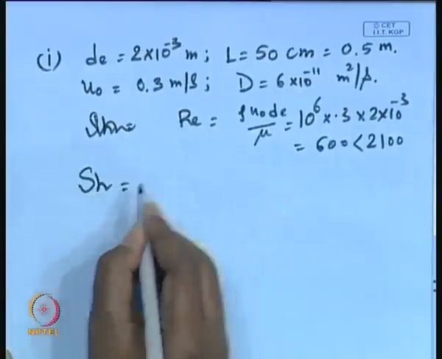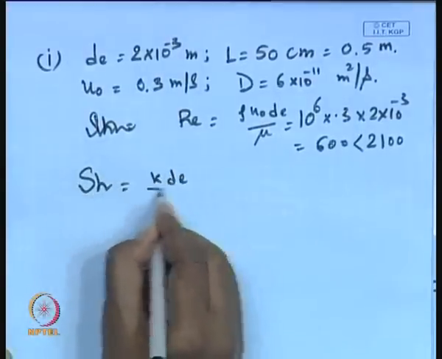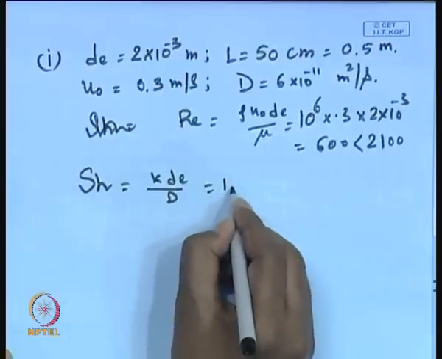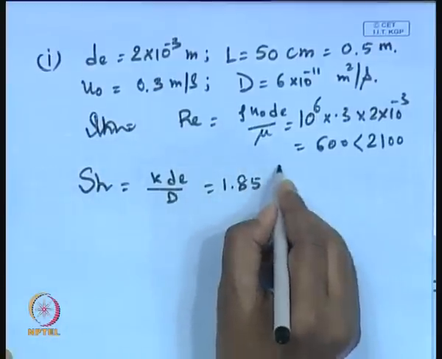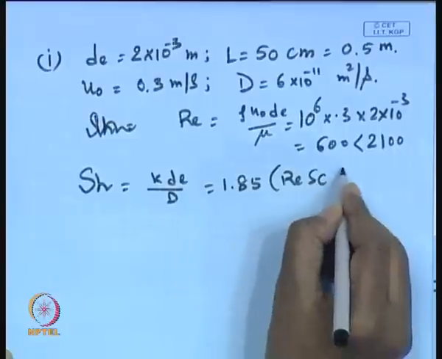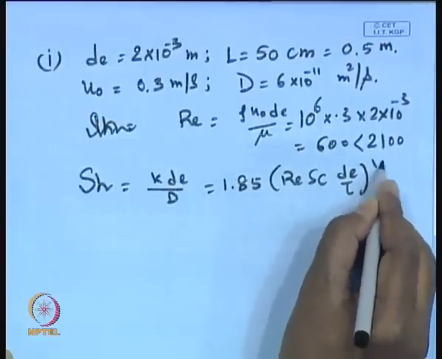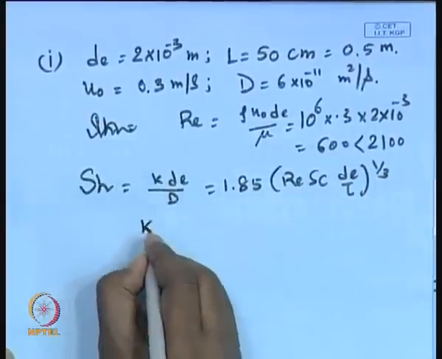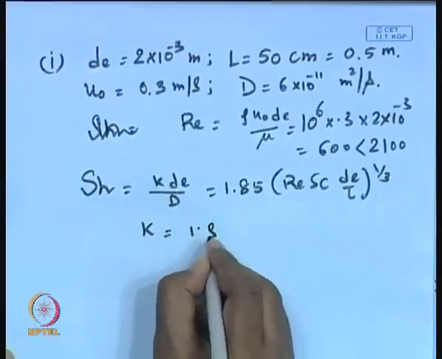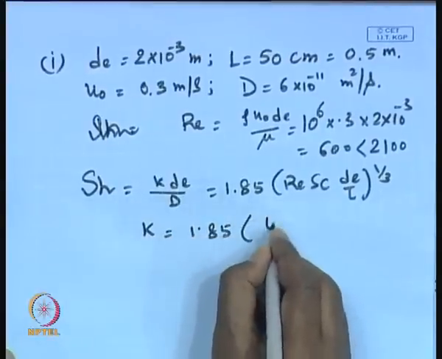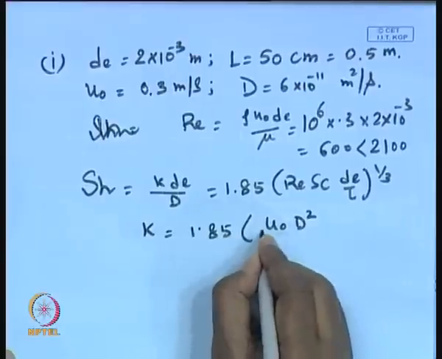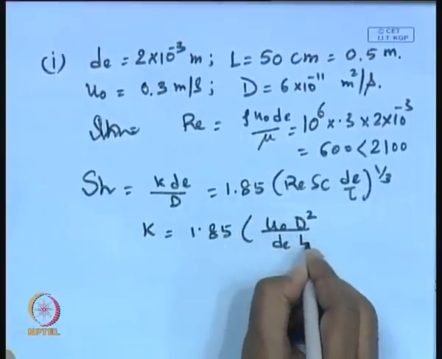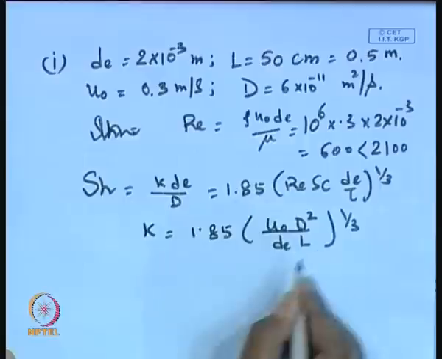So, Sherwood number, K d by D, is equal to 1.85 into Reynolds Schmidt d by L raised to the power 1/3. If you simplify this, the mass transfer coefficient turns out to be 1.85 into U0 d square divided by D times L raised to the power 1/3.